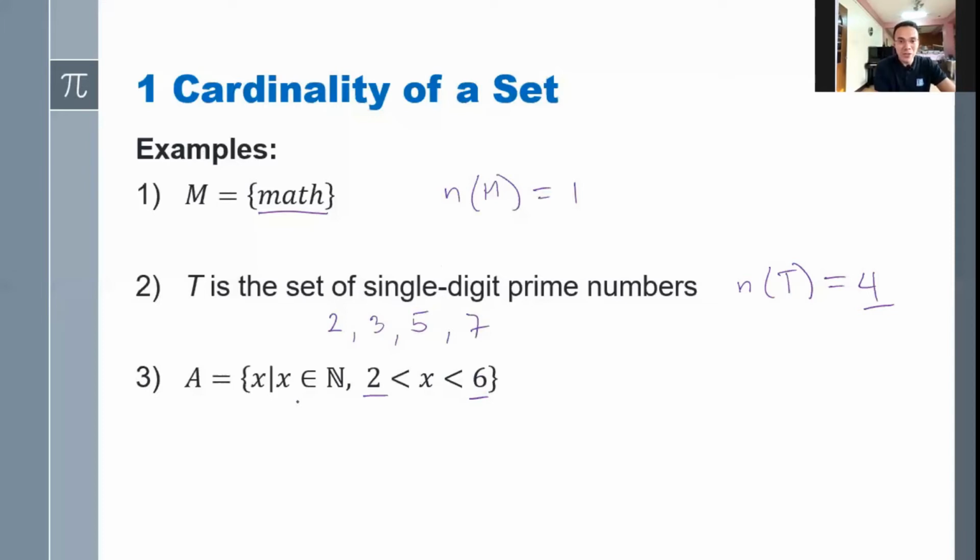And these natural numbers are 3, 4, and 5. There are 3 of them. Therefore, the cardinality of set A, written as n of A, is equal to 3.